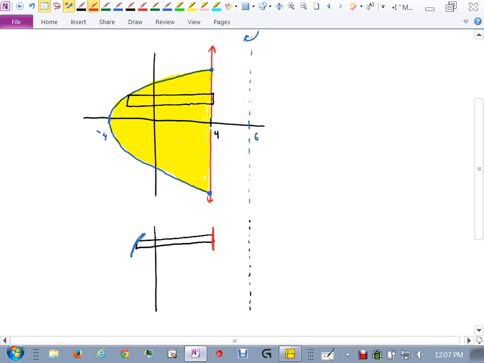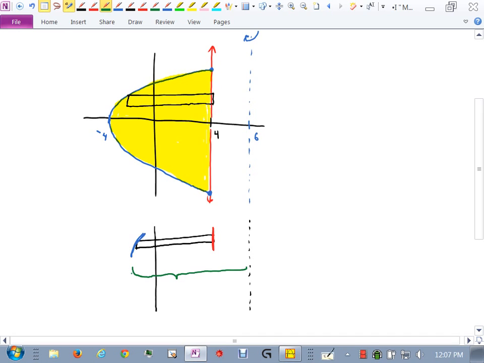Y'all see that picture, that rectangle here? What is the outer radius? This is the tricky part.